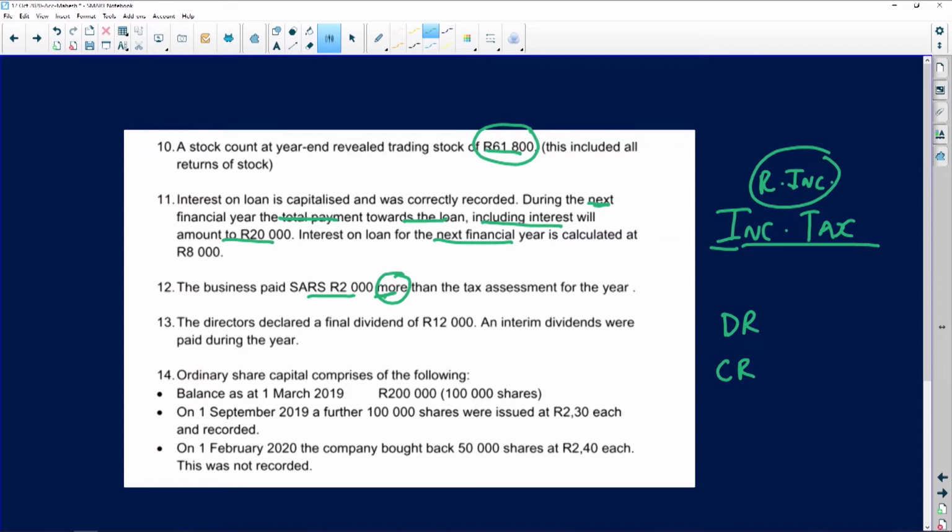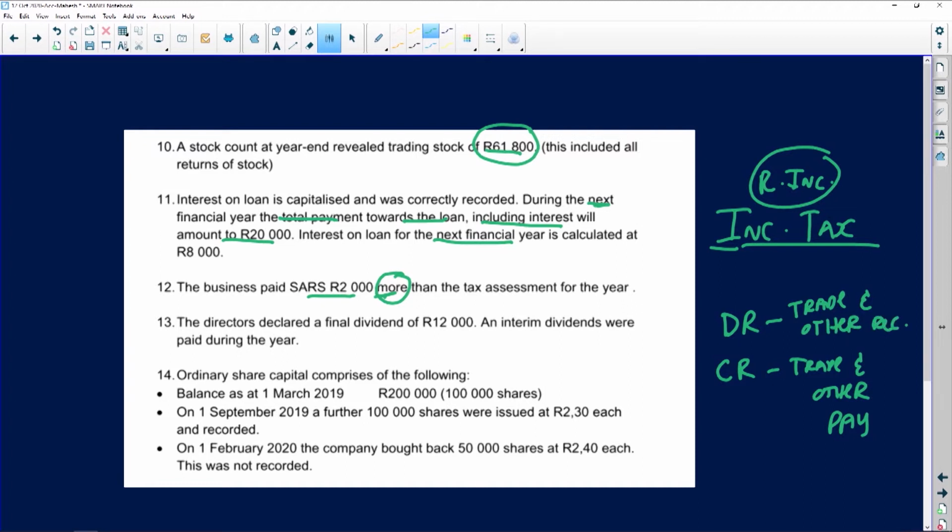And in the balance sheet under trade and other receivables, if SARS has a debit balance, but if it's a credit balance, I've got to show this under trade and other payables. Okay, let's just write that for you. So credit, trade and other payables, debit is obviously trade and other receivables. And you guys obviously know that.